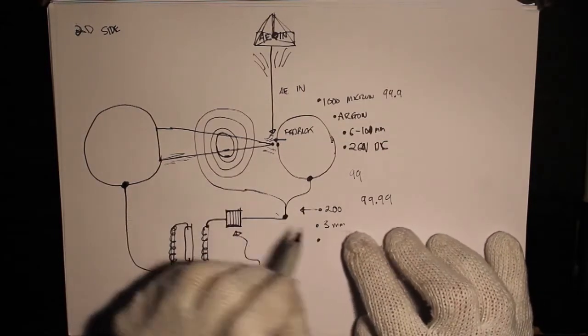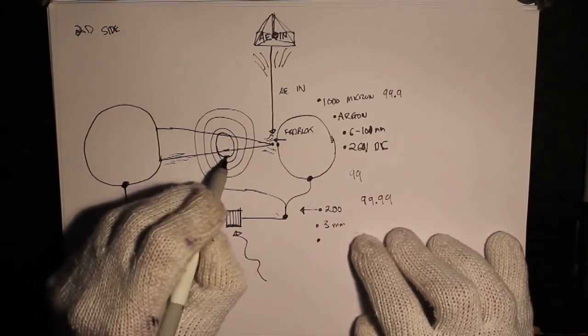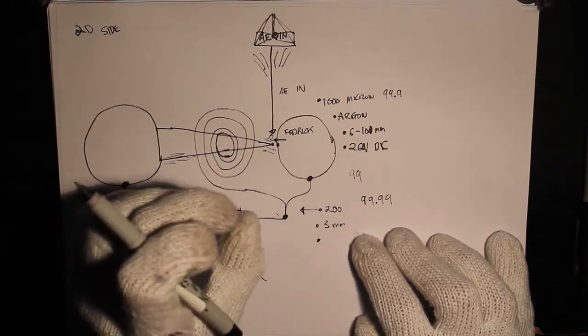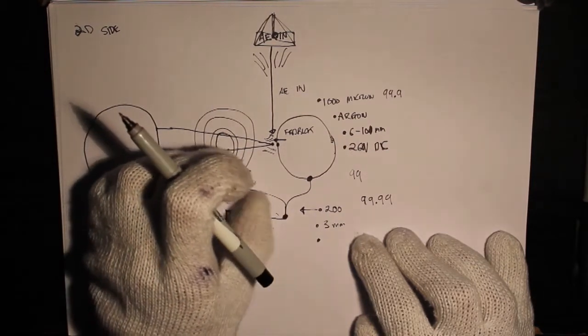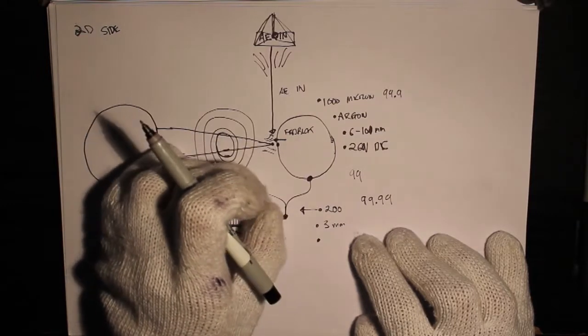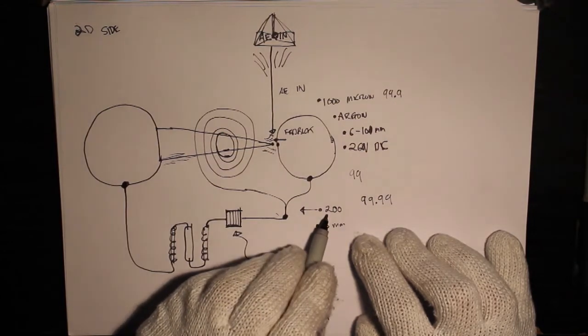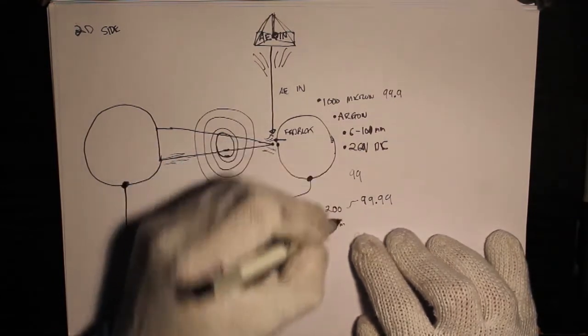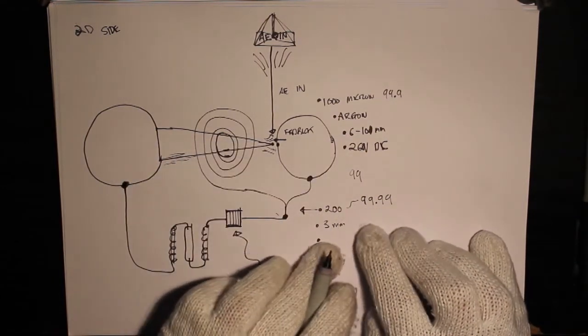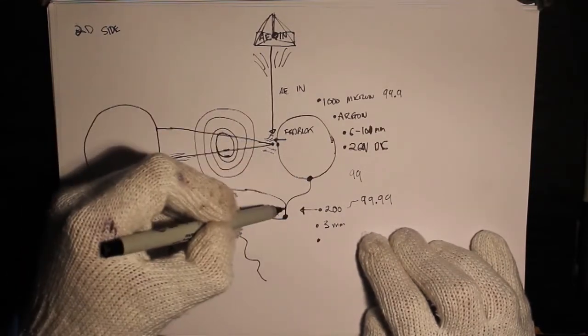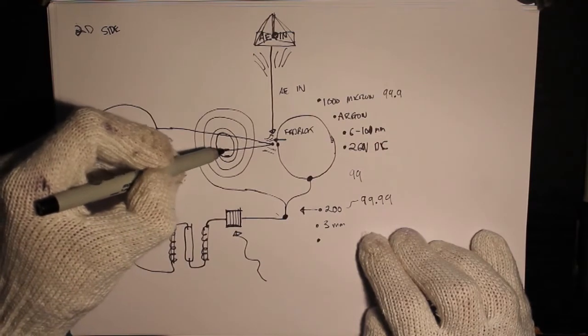Because the gap is smaller between here and here, the distance of the gap changes the voltage that you need for it to jump across. So simply by increasing the vacuum to 200 microns, 99.99%, the energy is not going to want to jump from here to here anymore. It's going to want to jump from here to here.